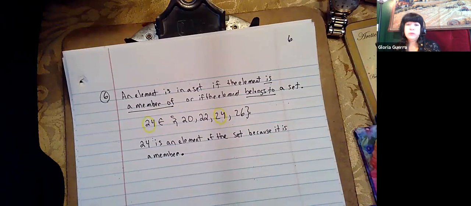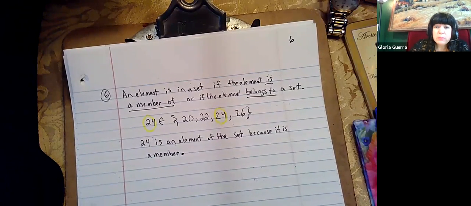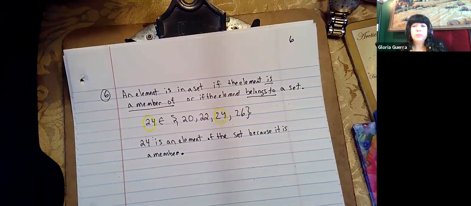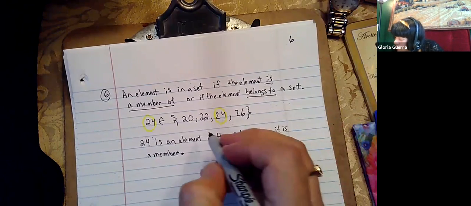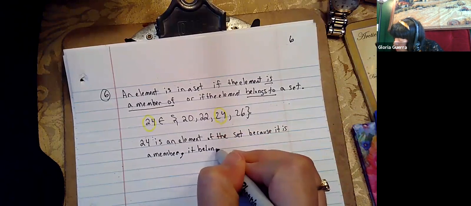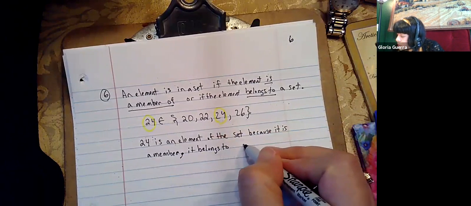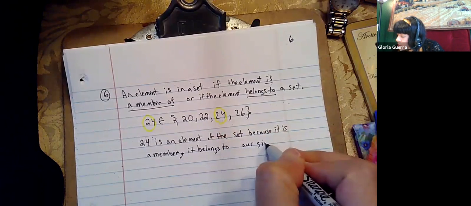So it's an element because it's a member. Okay. It belongs to it. It's a member, comma, it belongs to a given set.